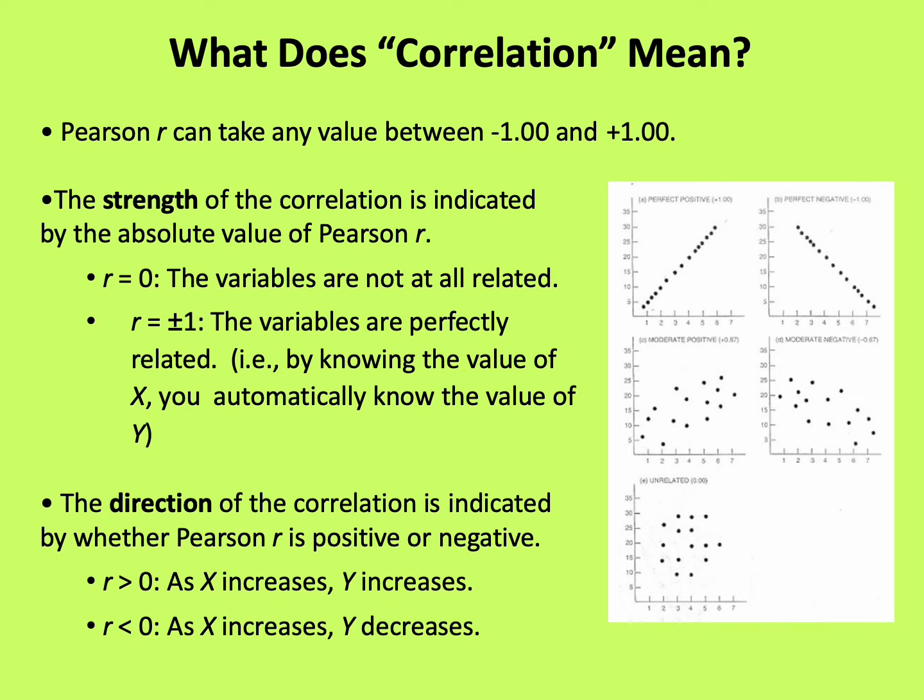And when we want to graphically represent a correlation, we use something known as a scatter plot, where variable x is plotted on the x-axis, variable y is plotted on the y-axis, and each circle in the graph corresponds to an observation or a data point, okay?